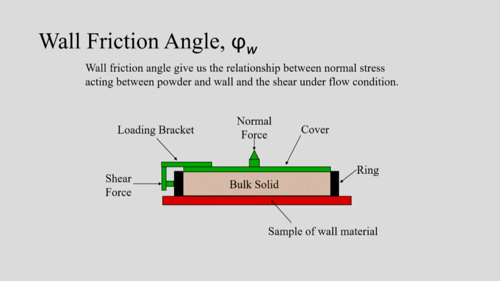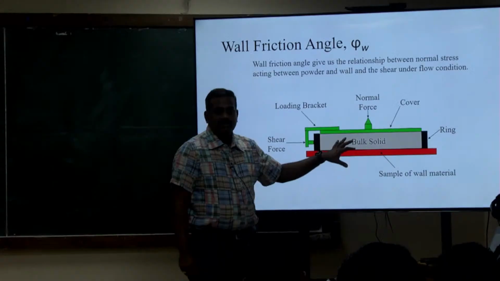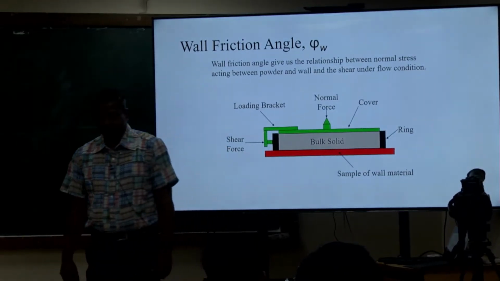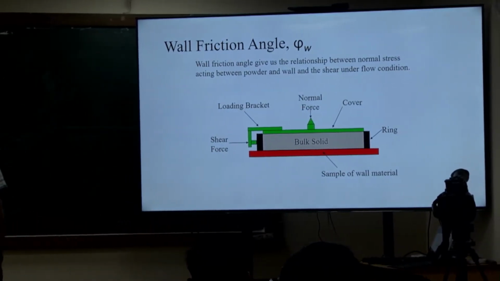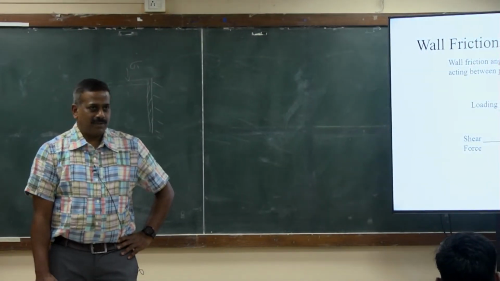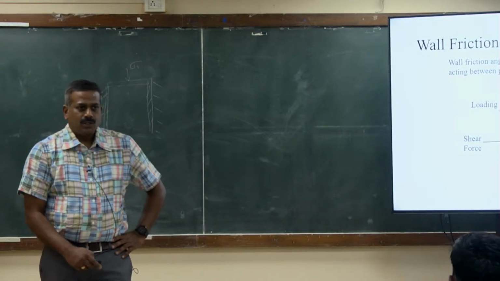So you can test the different types of wall material that you are interested in constructing a bin out of. If you are constructing an aluminum bin or a stainless steel bin, take a piece of that material and put it at the bottom of the shear cell and then measure the wall friction. But most times the instrument manufacturers themselves provide those material samples for wall friction measurement. So very similar analysis.